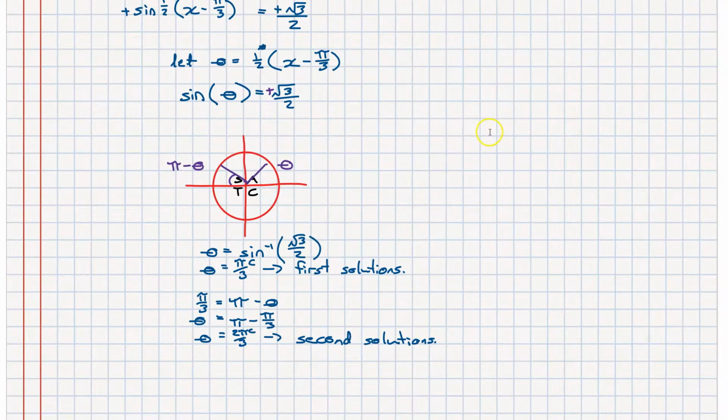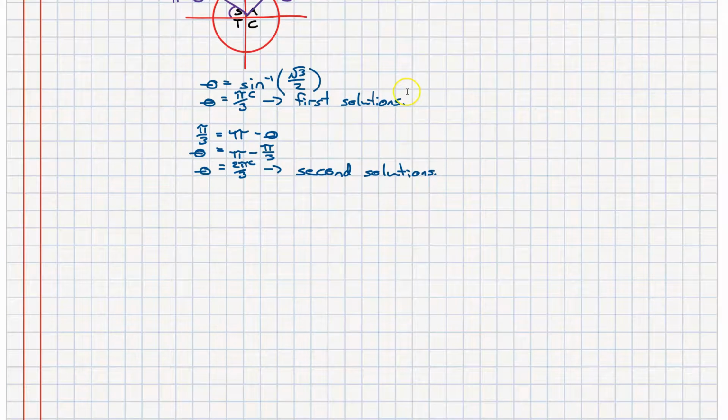So moving on and ignoring the domain just for now, what we're going to write is theta equals pi on 3 plus 2k pi. And then the second solution is 2 pi on 3 plus 2k pi. And we have to explain what k is.